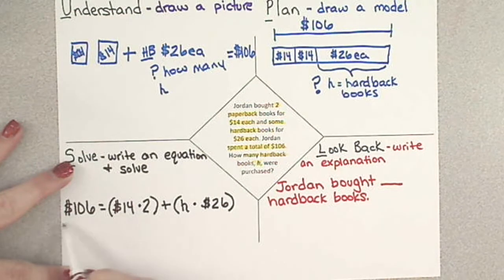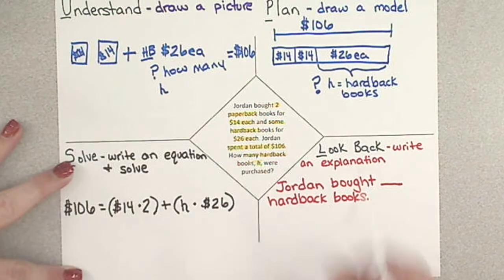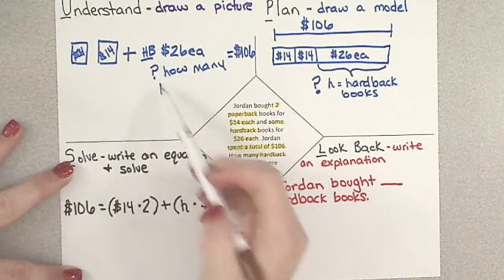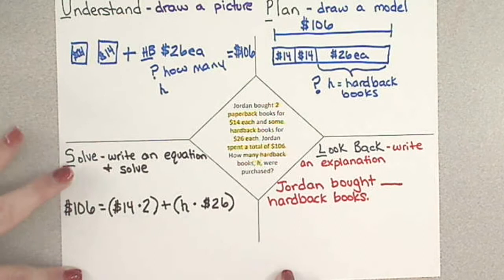Okay. $106 equals $14 times 2, because he bought 2 books, plus the number of hardback books, H, times $26, because each hardback book was $26.